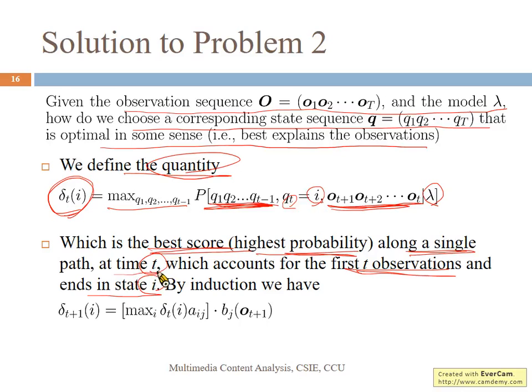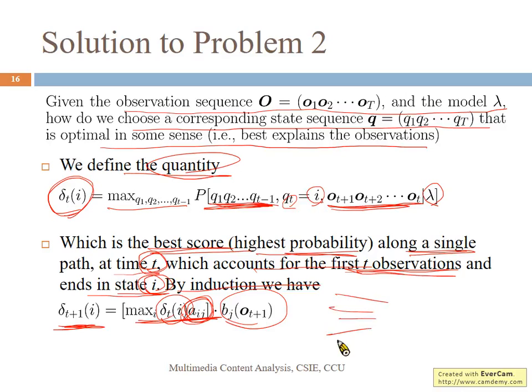This path ends at time t, and the so-called best path accounts for the first t observations and ends in state i. By induction, delta t+1(j) is defined by maximizing delta t(i) multiplied by the transition probability and b_j(O_t+1).